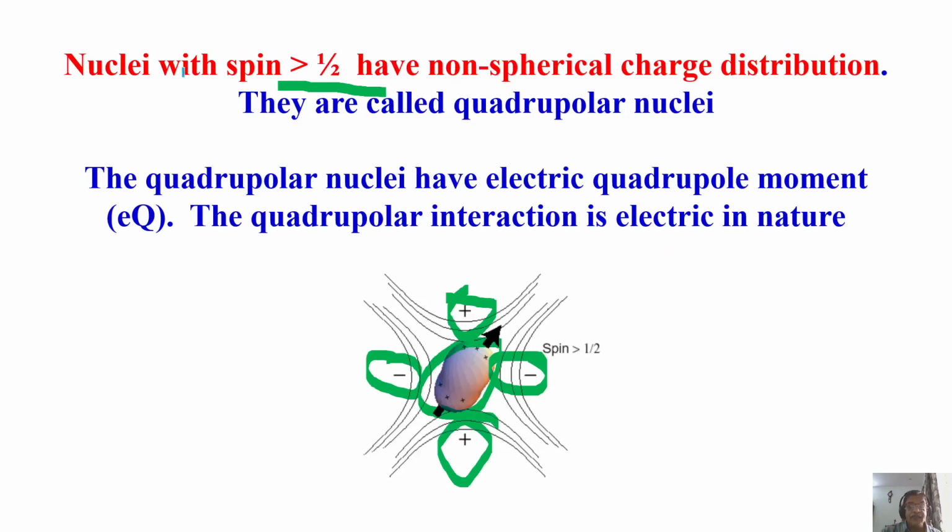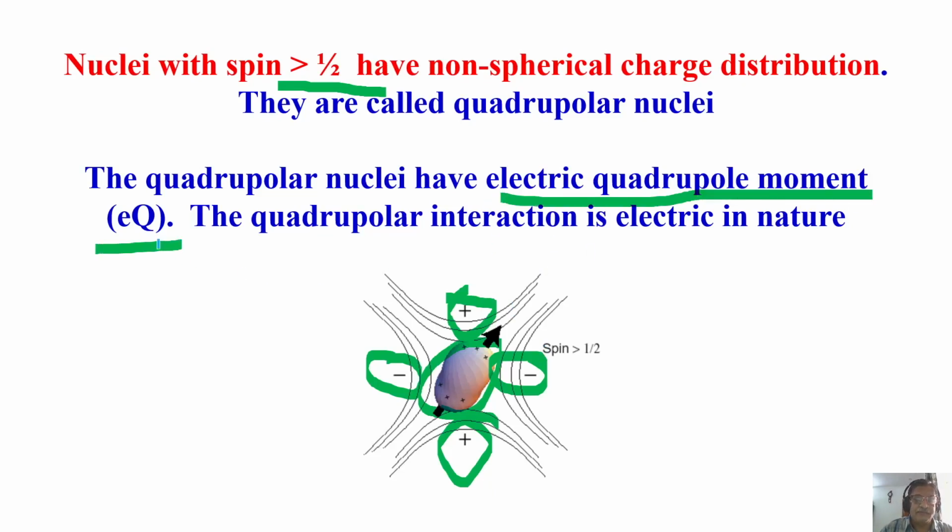But here, there are four poles: two poles for positive charges, two poles for negative charges. That is why it is called quadrupole. Any nuclei with spin greater than half have non-spherical charge distribution, and such nuclei are called quadrupolar nuclei. Such nuclei have what is called an electric quadrupole moment.